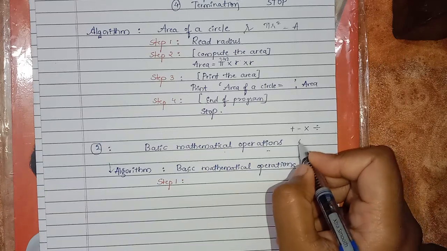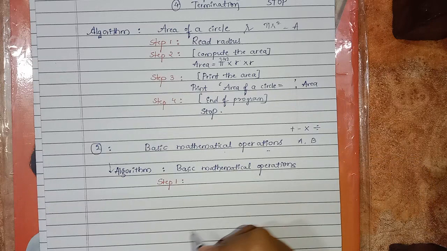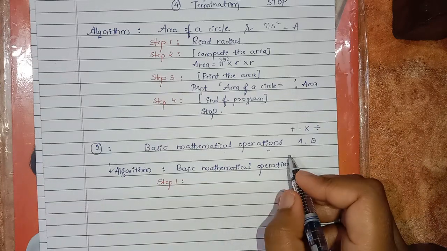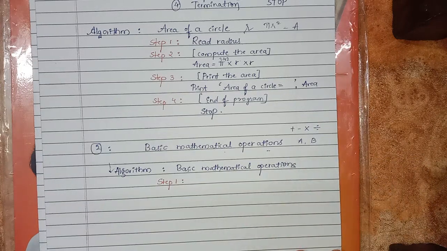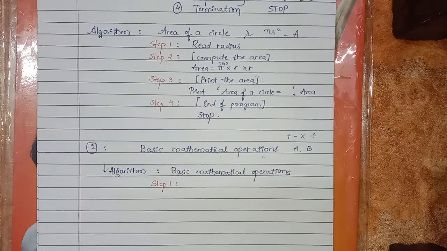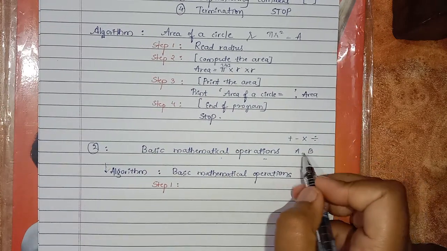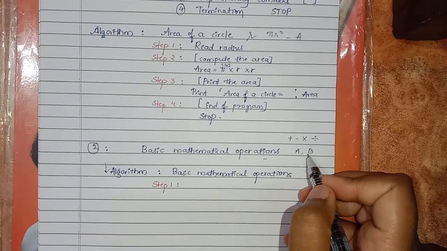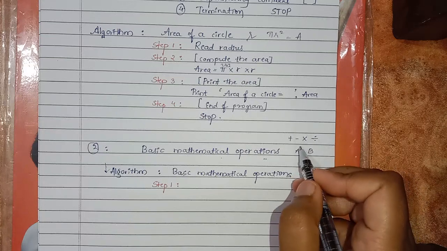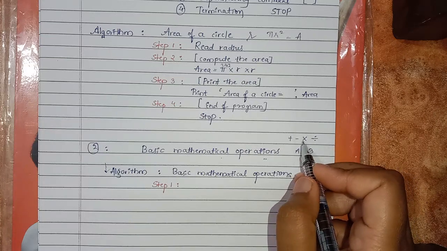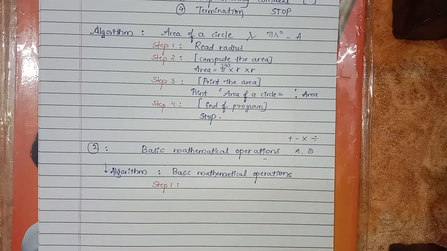So you just consider two values A and B. By using these two values, you can perform the mathematical operations, right? A plus B you can do, that is the addition operation. A minus B, subtraction. A into B, multiplication. A divided by B, division.